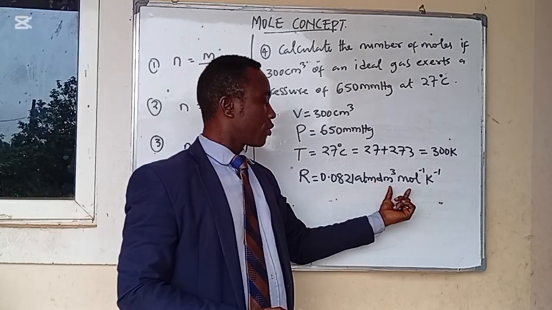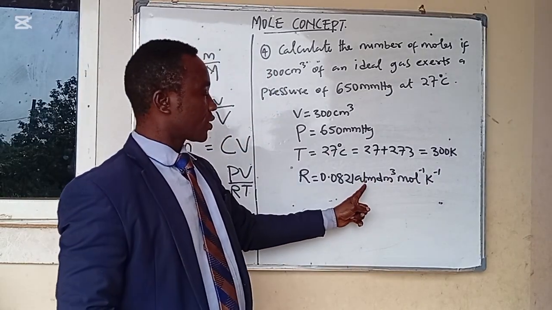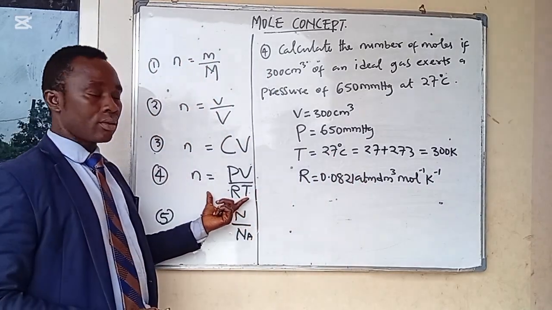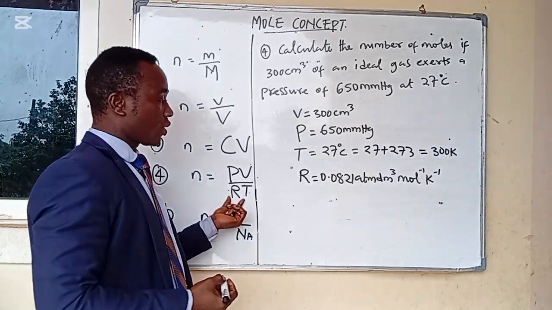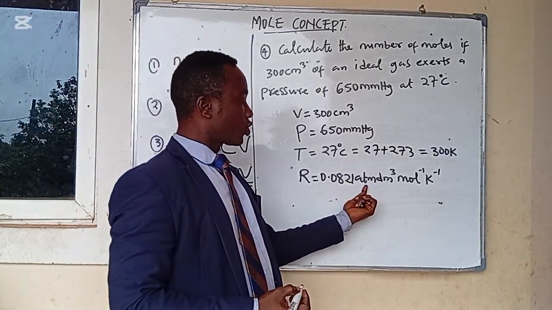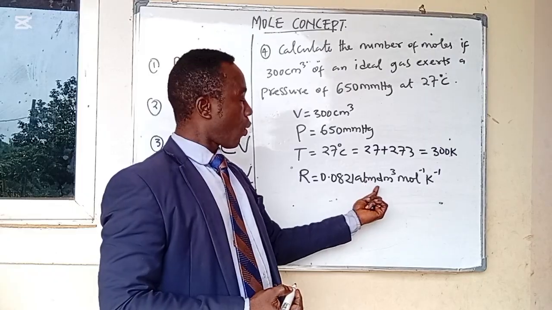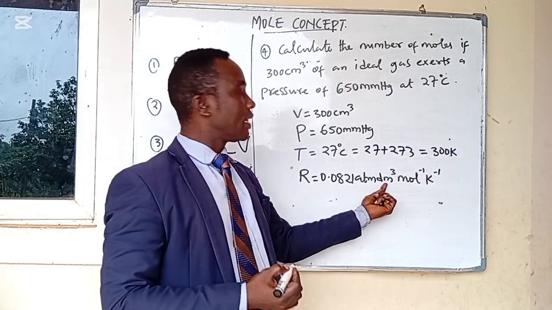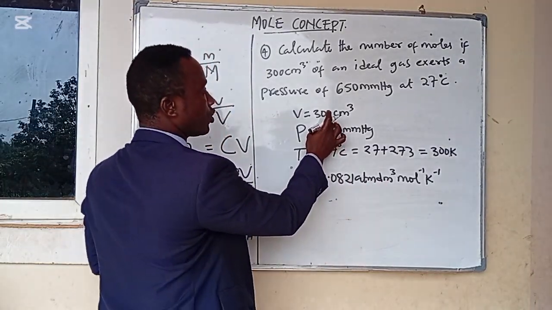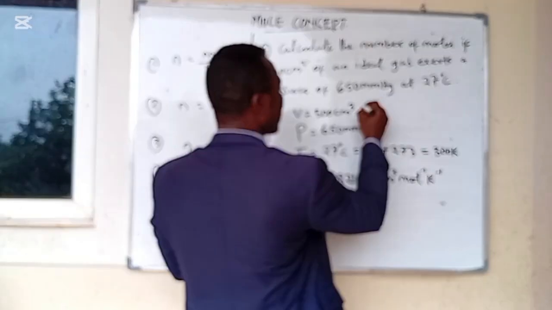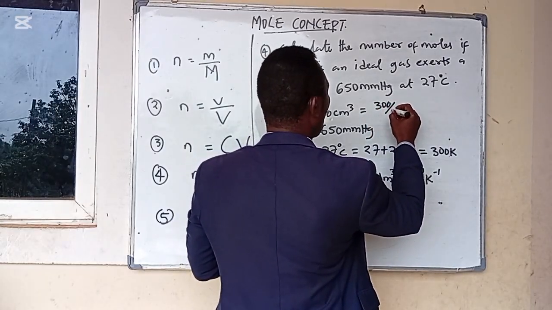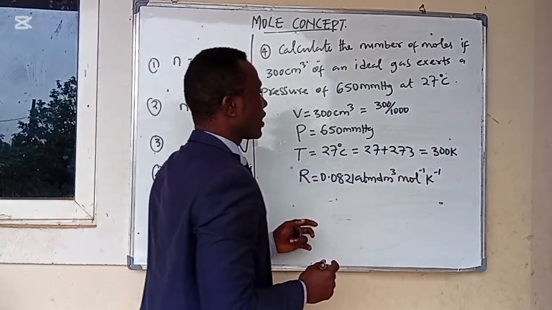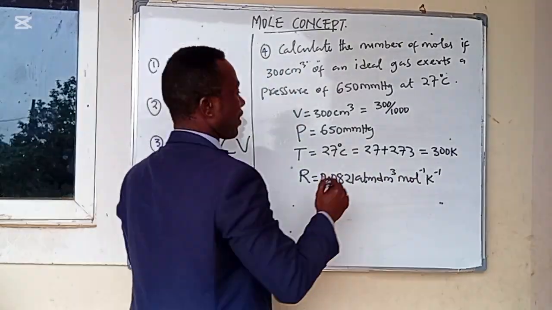That means if you are using this equation to calculate number of moles, because of the R, the molar gas constant, the unit of pressure should be in atm, while the unit of volume should be in dm³. So we convert the volume to dm³, which is 300 over 1000. To convert from cm³ to dm³, you divide by 1000.